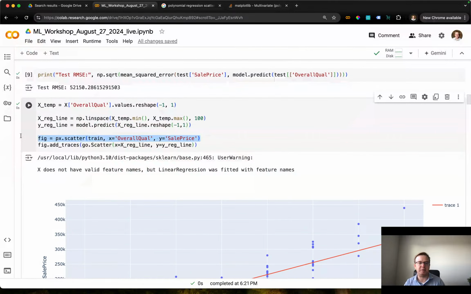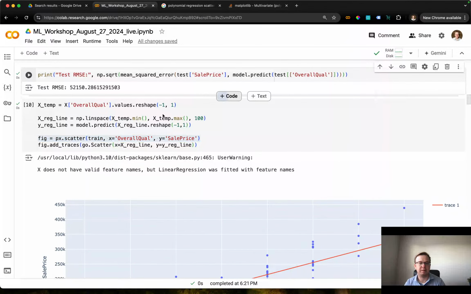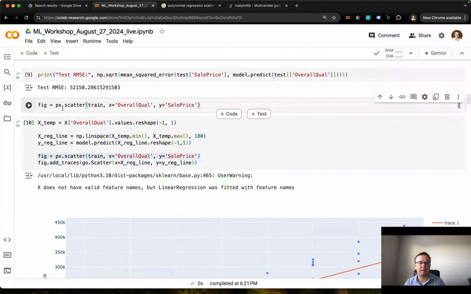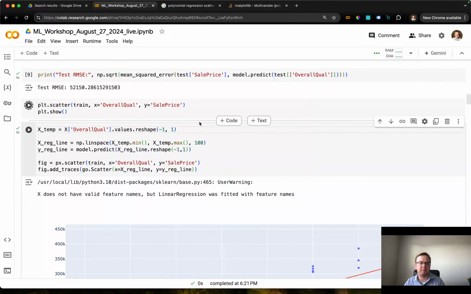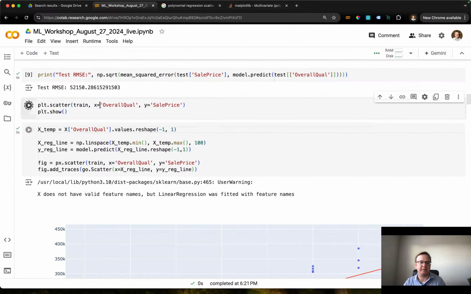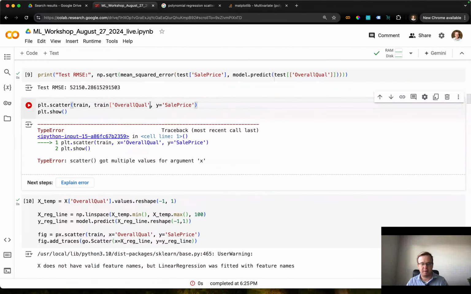Let's see if I can do that real fast. If I just use a regular matplotlib graph. No, I've got to say train and train.